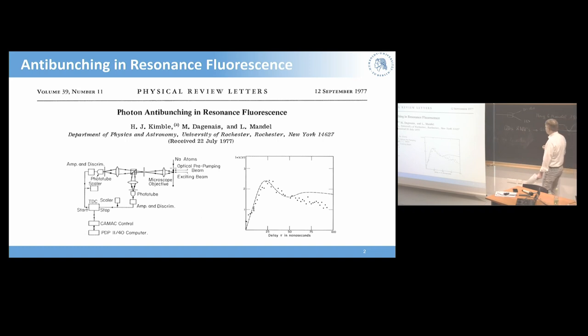Whereas when you look at the G2 function for quantum dots and NVs, which if you excite them non-resonantly, say you have a kind of 3-level system where you first excite to some auxiliary state from the ground state. From here you may have some non-radiative decay, and then here you have the photon that you detect, then you will invariably see a G2 function which increases exponentially like this.